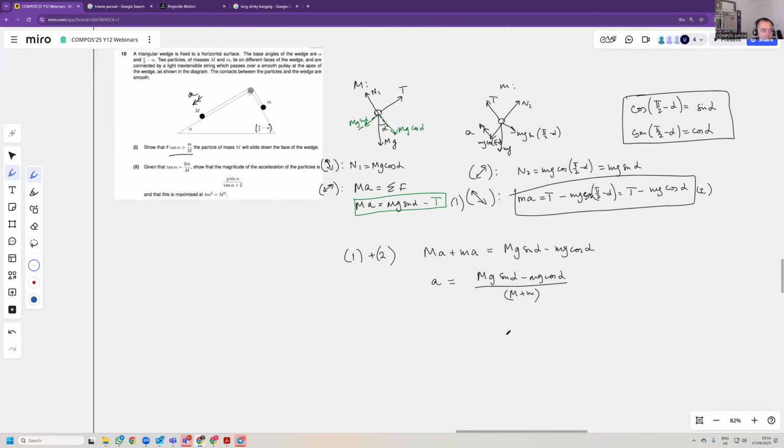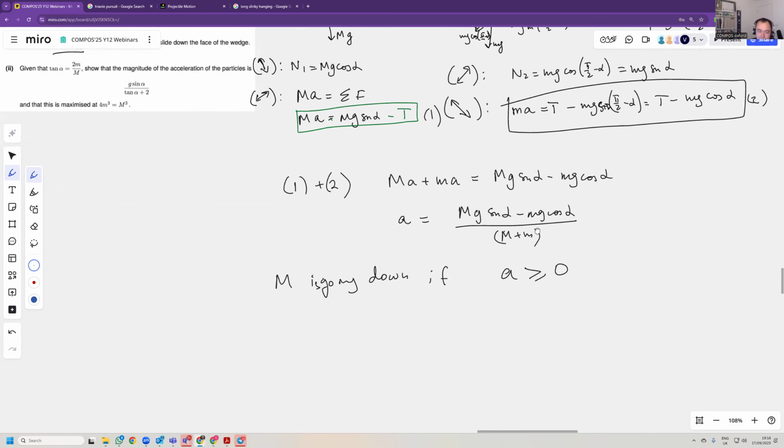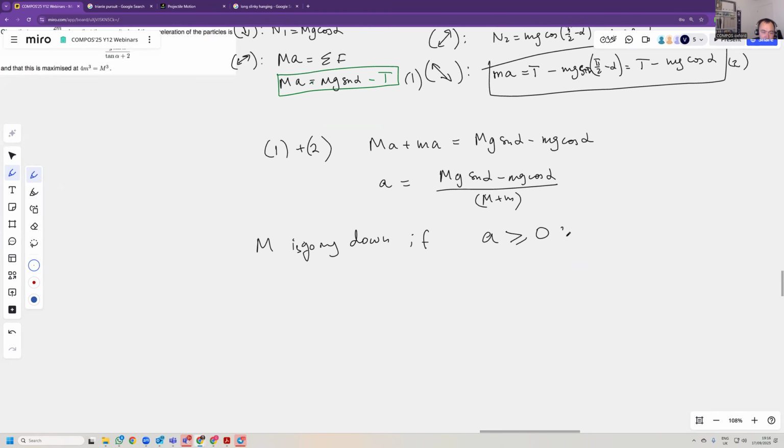And m is going down if acceleration is greater or equal to 0. And if acceleration is greater or equal to 0, that means mg sine alpha minus mg cos alpha must be greater or equal to 0.